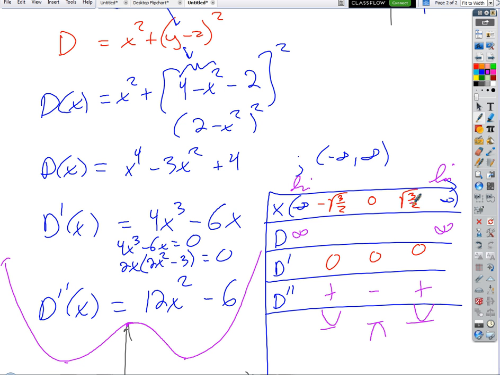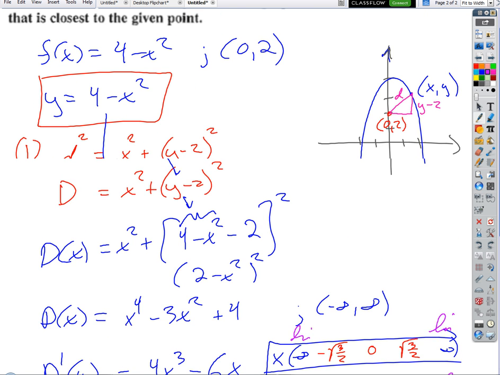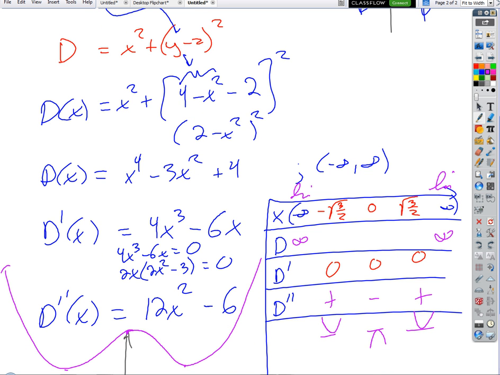We could test them both, but what are we going to see? It's an even function, and so it's not going to matter if this is positive or negative, is it? It's independent of sign when I plug these in. And so I'm going to get the same values for the distance, which makes sense. It's a symmetrical function, isn't it? And so the winners are going to be there and there.